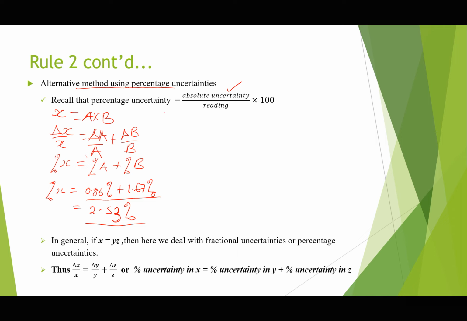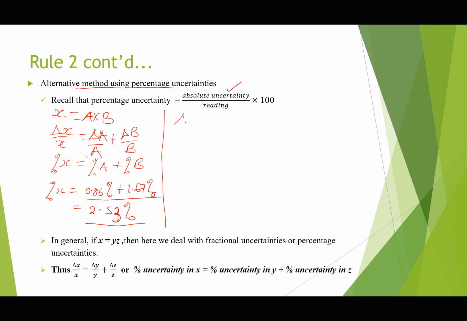So does it mean I'll write the a times b as 14.04 plus the percentage uncertainty? Not really. The question may still require to write the answer with its absolute uncertainty. So having got the percentage uncertainty, I must express it as an absolute uncertainty.